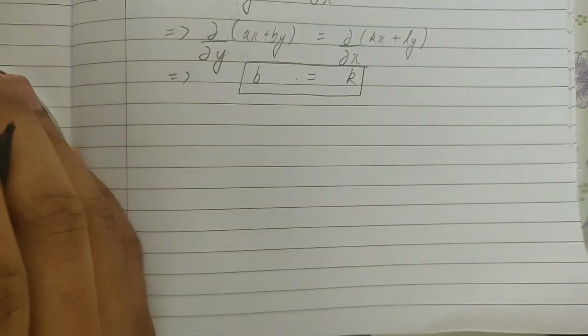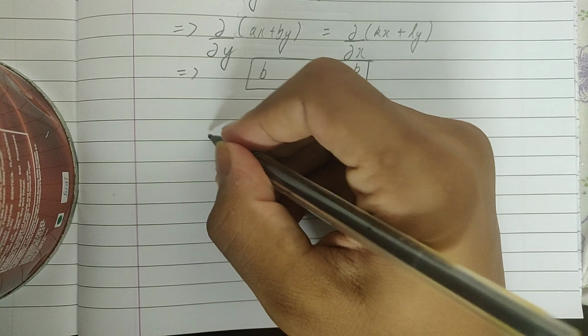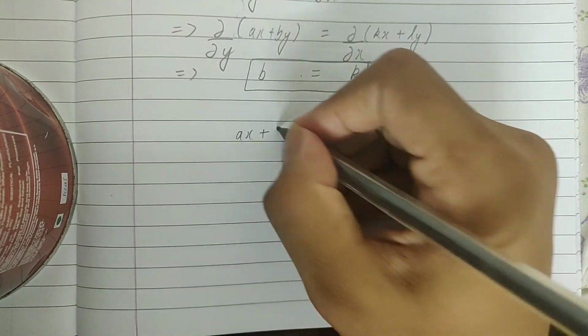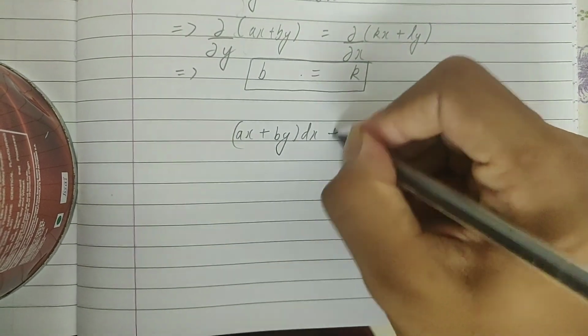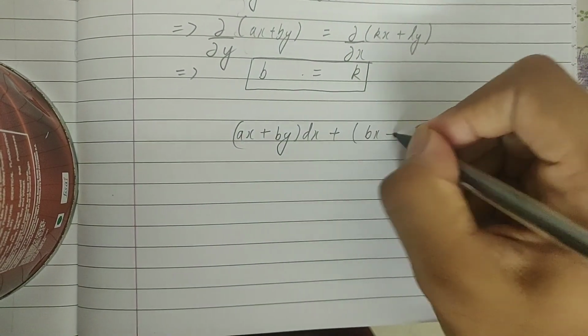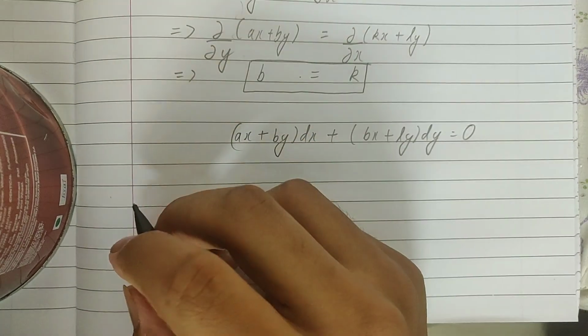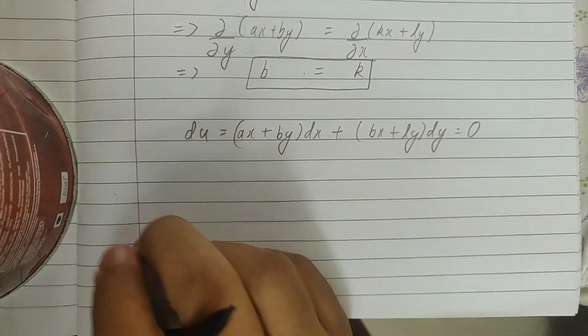So we can rewrite the original ODE as (ax + by) dx + (bx + ly) dy = 0, and this is equal to du, the differential form.